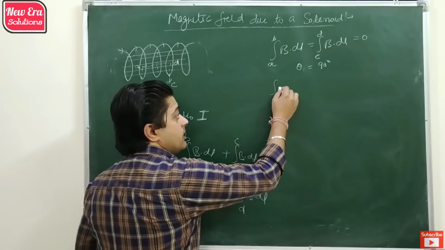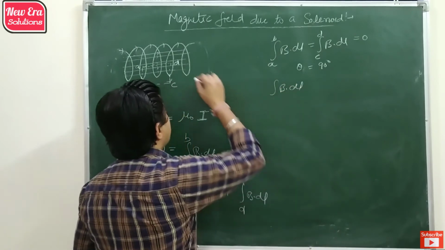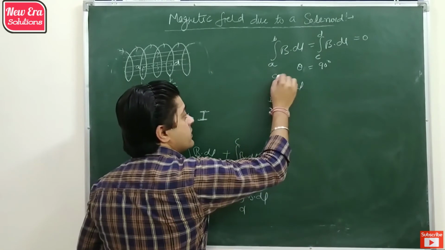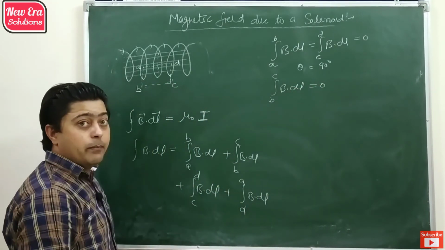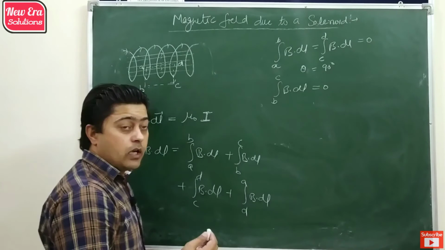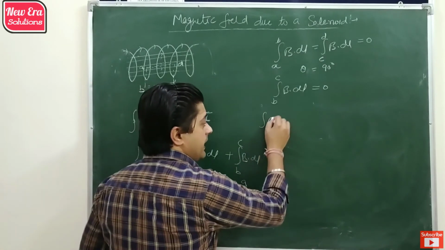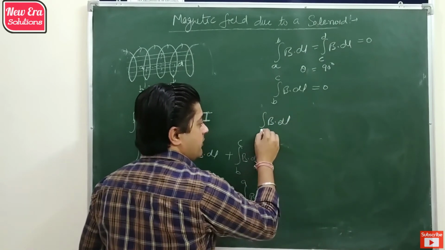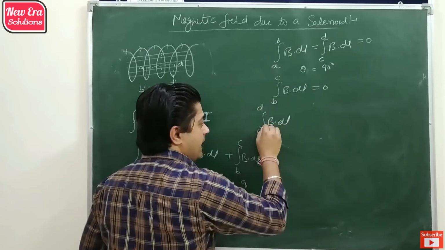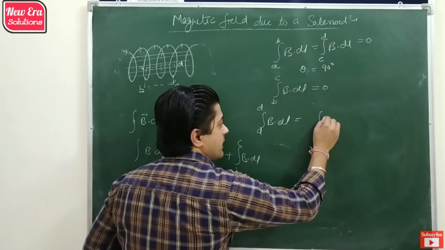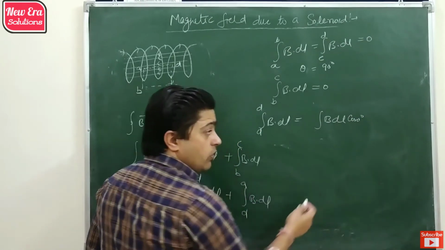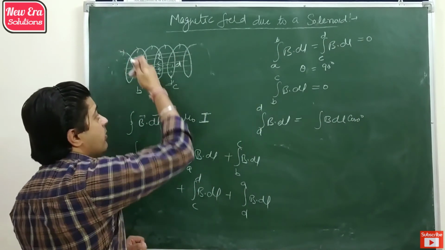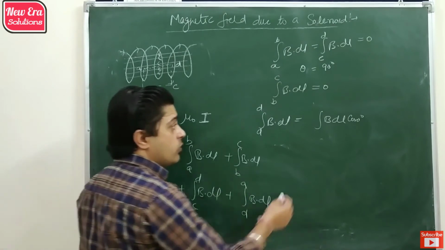Then the other term B dot dl from B to C is also 0, because outside the solenoid the magnetic field is 0. So now we get B dot dl only for the D to A segment, which is B dl cos 0 degree, because the angle between the segment and the magnetic field is 0.